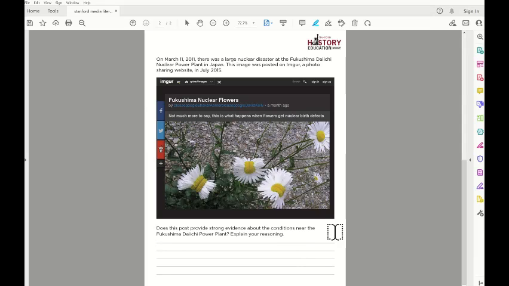The question is, is this strong evidence that there are kind of scary conditions near the Fukushima power plant that experienced a meltdown back in 2011.